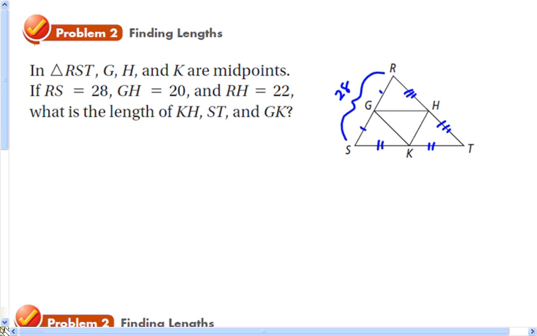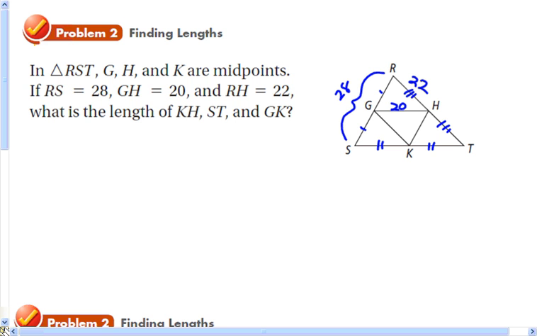We know GH is 20. RH is 22. That's this one here. What is the length of KH, ST, and GK? Well, we can find those using the triangle mid-segment theorem.